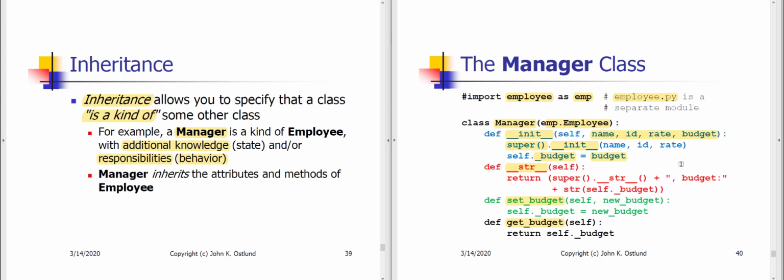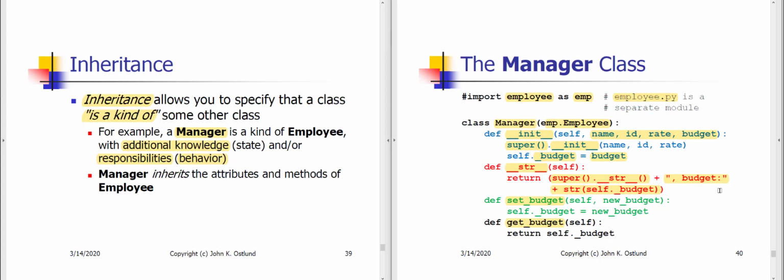Similarly, when we convert a manager into a string, we were careful to write our employee class's string conversion function in such a way that we can ask for the employee class's str conversion function to be used, and then we're just appending a little bit more text.